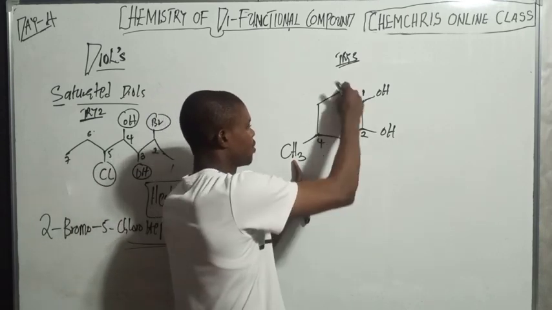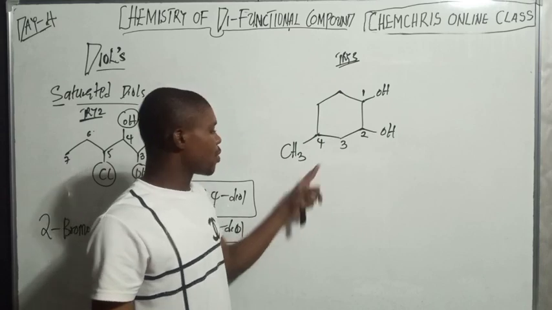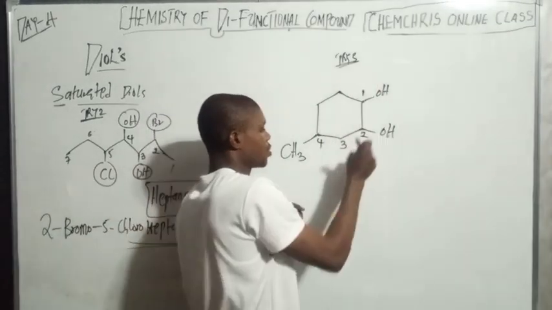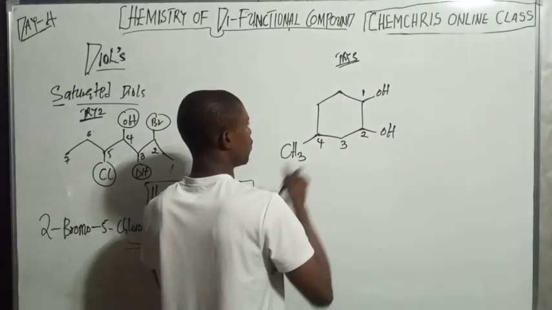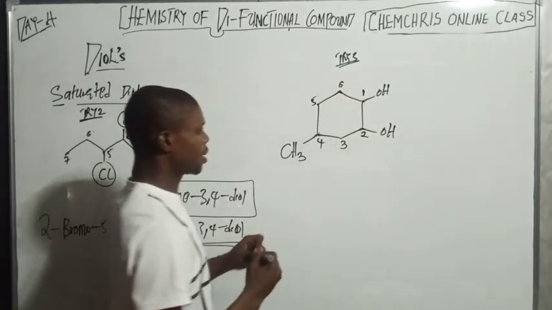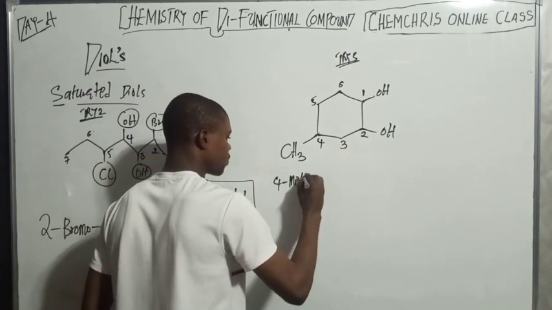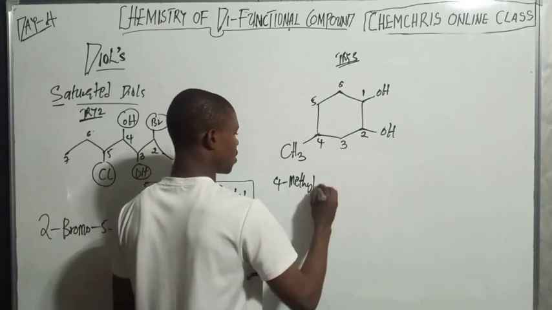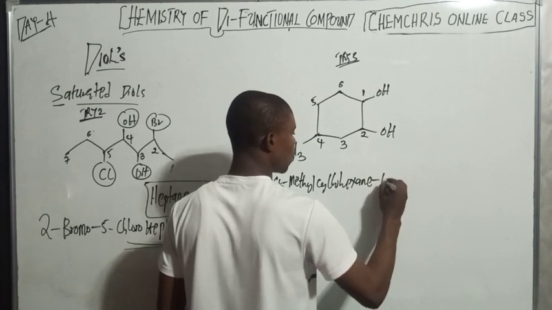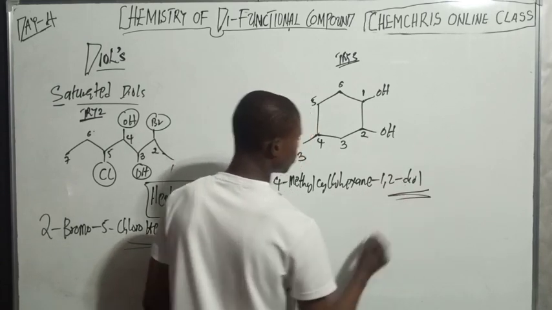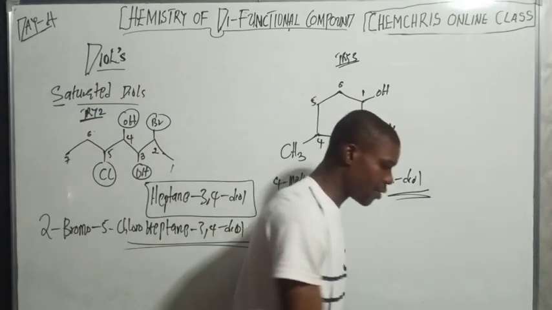If I start from here, 1, 2, 3, 4, 5, the methyl is going to be at 5. But when I start from here, 1, 2, 3, 4, the methyl is going to be at 4. Do you understand? So it will be 1, 2, 3, 4, 5, and 6. So the name is going to be 4-methylcyclohexane 1,2-diol.